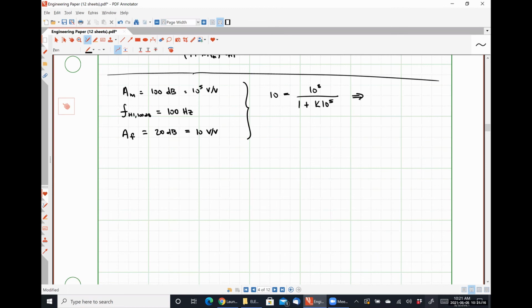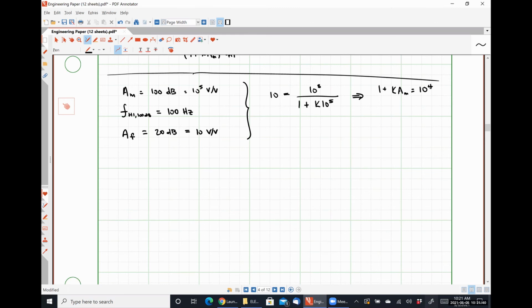So from this, our amount of feedback applied, 1 plus K A_M, has to be 10 to the 4th by inspection. Everybody okay with that? So 10 to the 5 divided by 10 to the 4 gives me 10. So I know what my amount of feedback applied is.